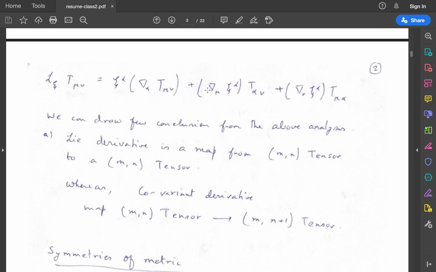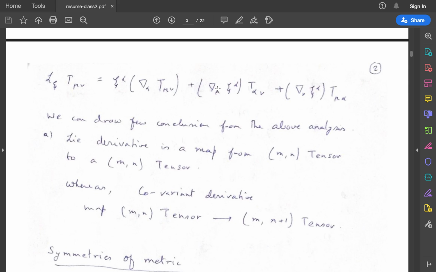From our previous knowledge, you can also prove this explicitly, but no need. For each index there is one extra term, so along with this term we will have two terms, depending on the rank of the tensor.